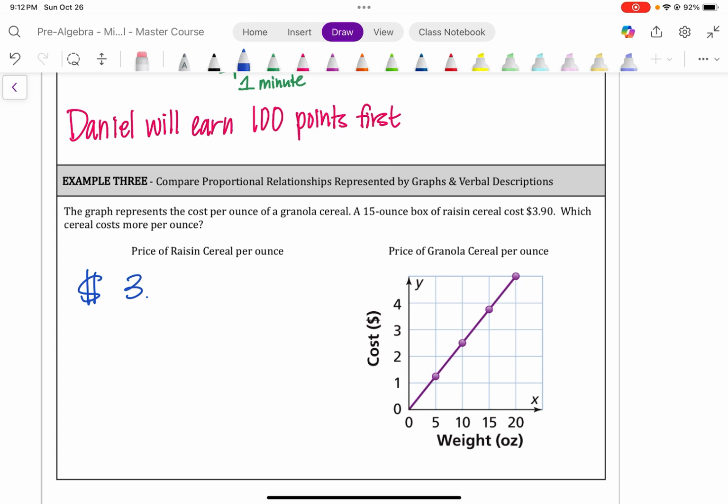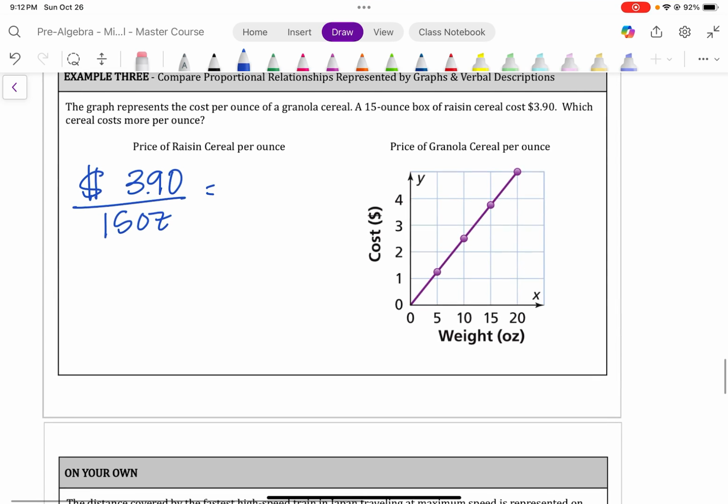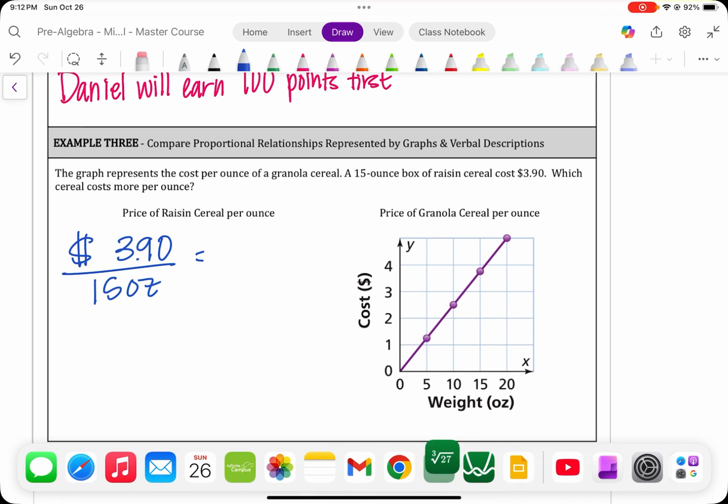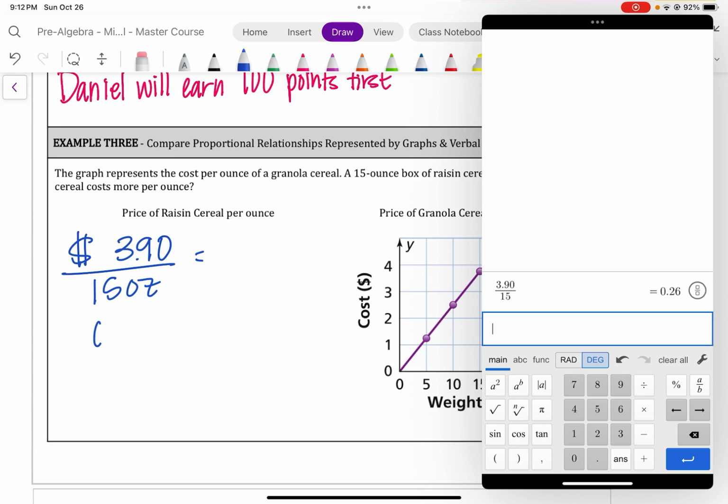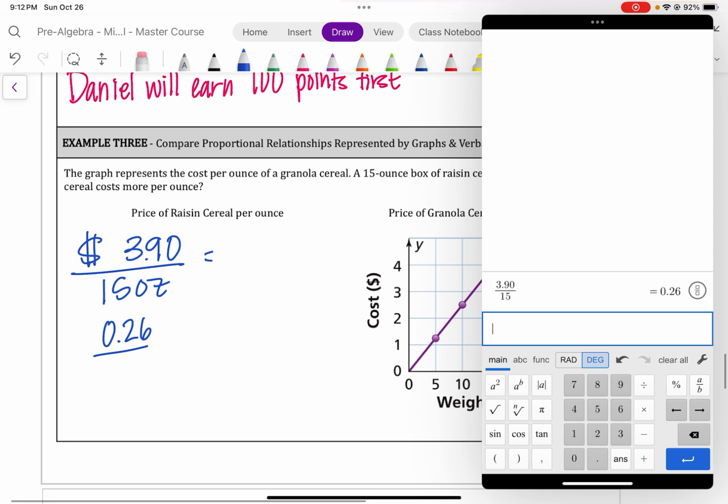So $3.90 for 15 ounces. And we're going to simplify that with our calculators. $3.90 divided by 15. So that's 26 cents for every 1 ounce.